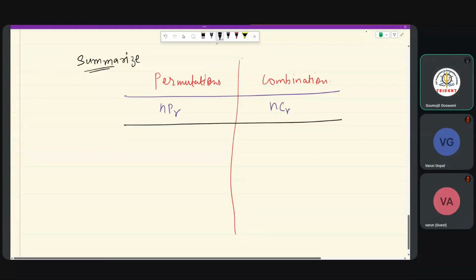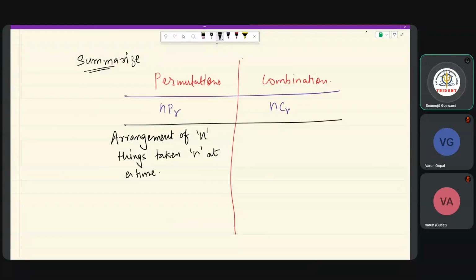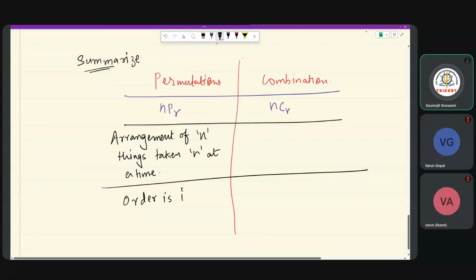What is permutation? Permutation is arrangement of n things taken r at a time. Please remember, this is very important. This is not arrangement of r things, it's arrangement of n things, but taking r at a time. And the most important thing, order is important.